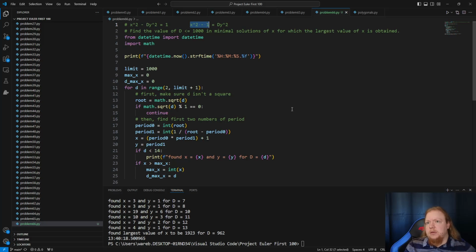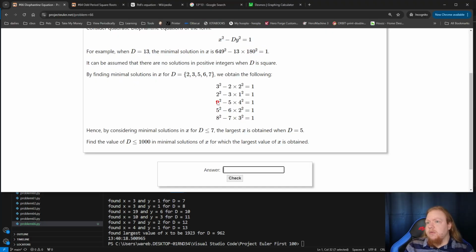I think. X squared minus 1. So, like, for 5, there's 5 and then 10. 5, 10, 15. 9 squared is 81. Minus 1 is 80.